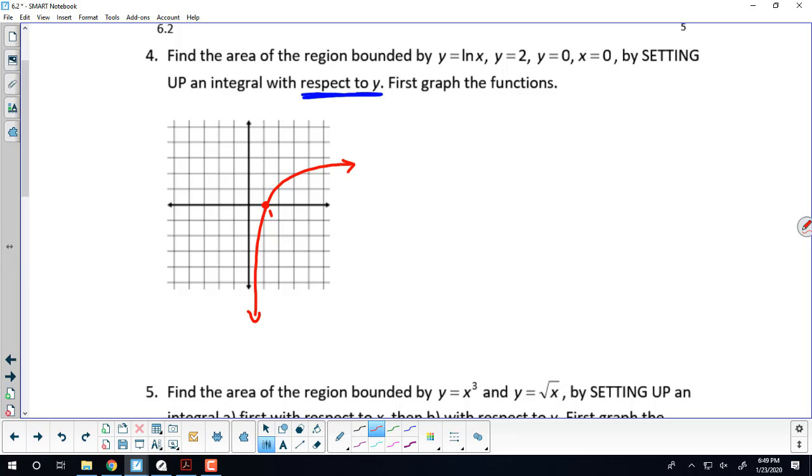So the natural log function, y equals 2 is right here. Y equals 0 is right here. And x equals 0 is right here. So we're finding the area of this region.